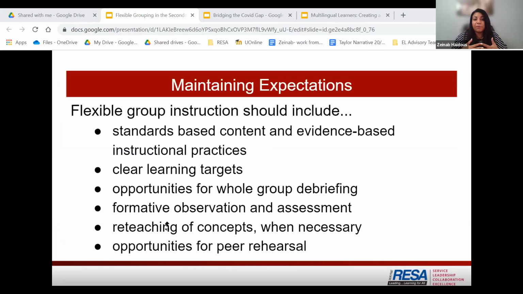We can also provide opportunities for whole group debriefing, observing and assessing students' learning as they move through the small groups, and then finally really taking the time and reteaching any concepts when necessary. So these considerations help teachers support equity in small group instructional settings and promote the various benefits of collaborative learning that we have as well.